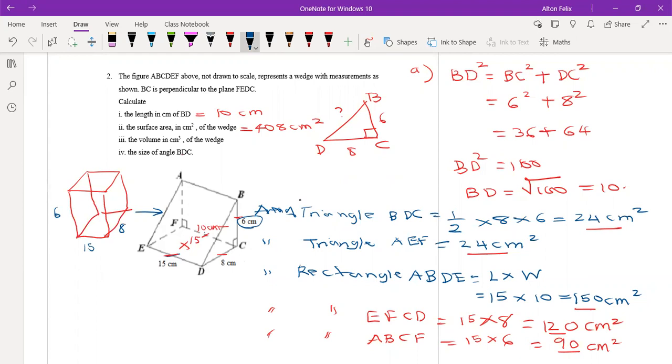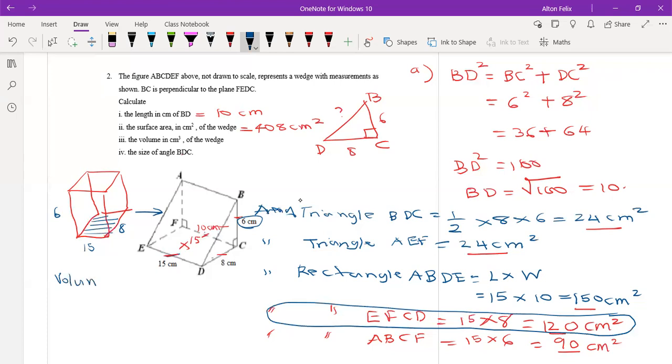So let's do it. The volume of a cuboid is base area. We already found the base area here, which was the 15 by 8, which is 120. We multiply this base area by the height. The height is 6. So the volume of the cuboid will be the 120, which is the base area, multiplied by 6 cm, which is the height.